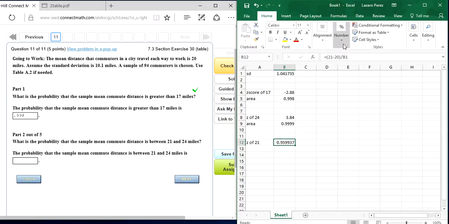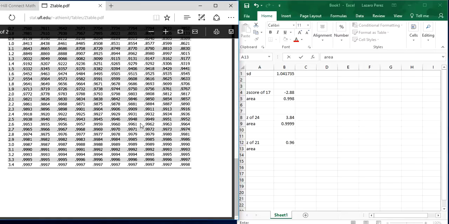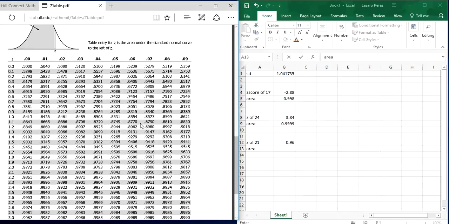So our z-score is 0.96. Looking at the table, 0.96 gives 0.8315.